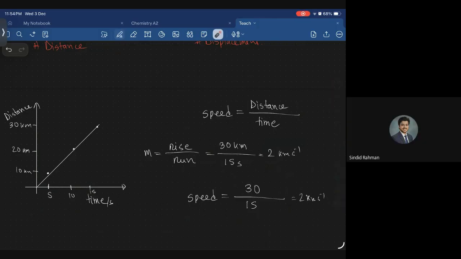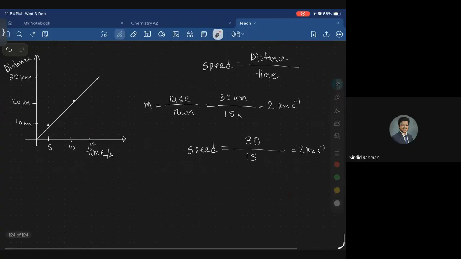So basically, if I find the gradient of a distance against time graph, I would find the speed. Is it clear? Yeah, I'm sure.